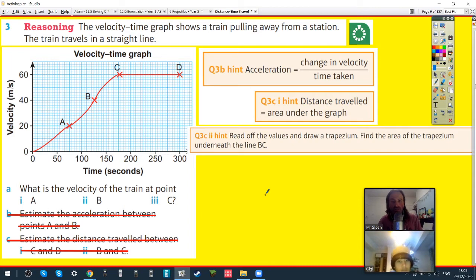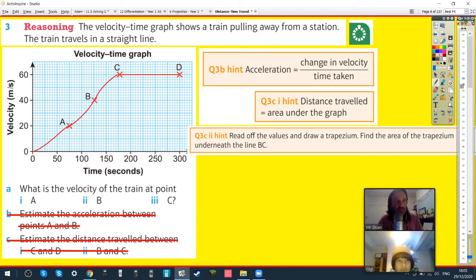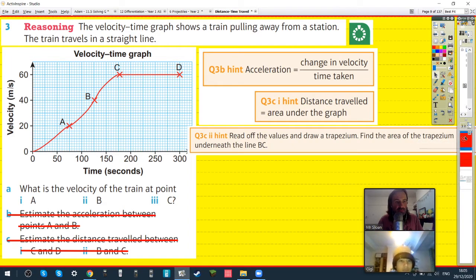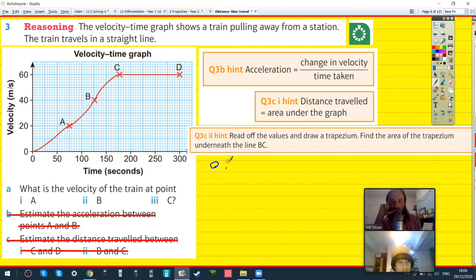How about this? 20 meters per second to A. You'll be fine for the rest of those.